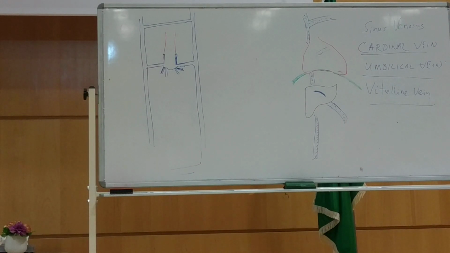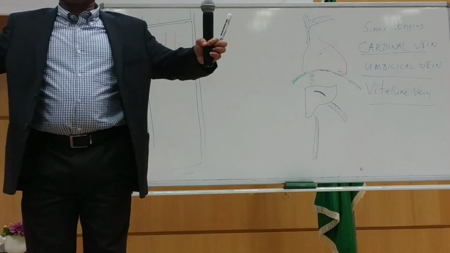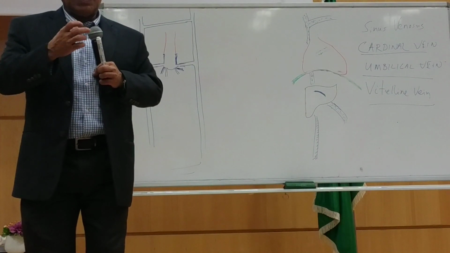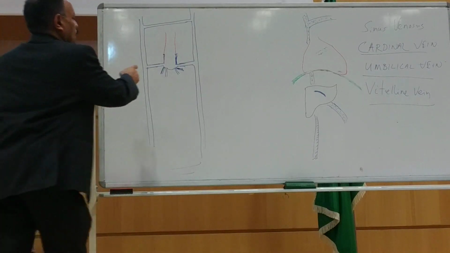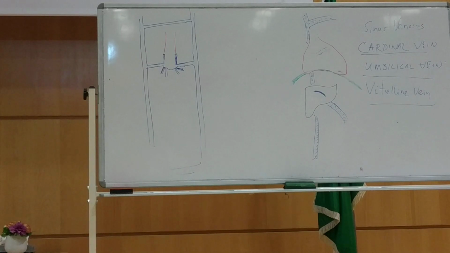So let's recapitulate, and I request all of you to finish the embryology with me. You don't have to go back home and read it again, because I repeat it 10 times. I told you how the heart tube is formed. The heart tube is formed from two different places called endocardial tubes, which join over here to form one heart tube. But below the heart tube, you have this one, which is called the sinus venosus.